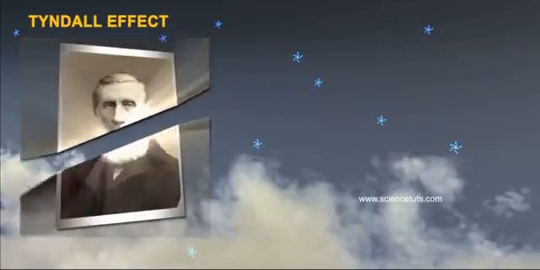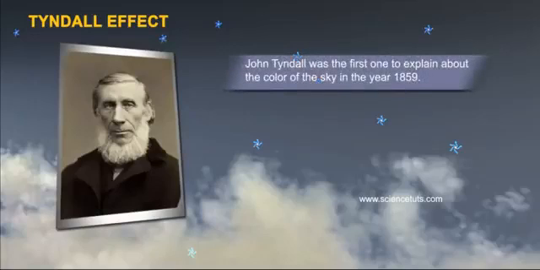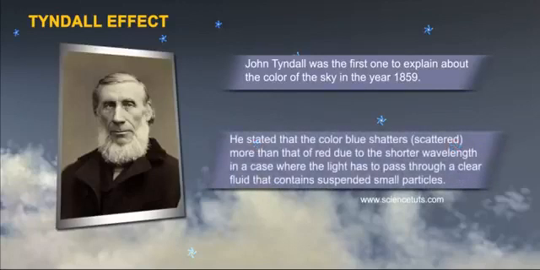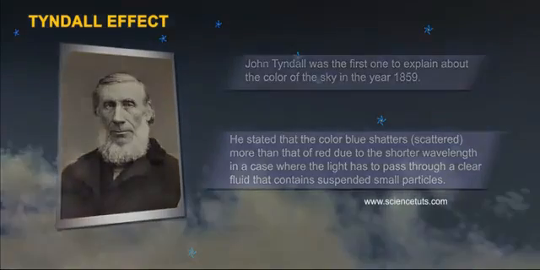Tyndall effect. John Tyndall was the first one to explain the color of the sky in the year 1859. He stated that the color blue is scattered more than red due to its shorter wavelength, in a case where the light has to pass through a clear fluid that contains suspended small particles.